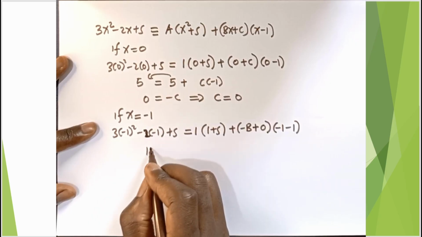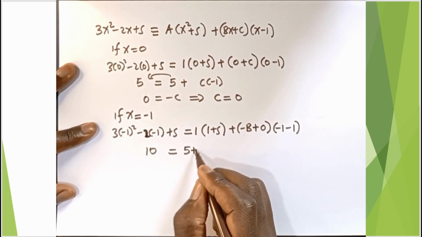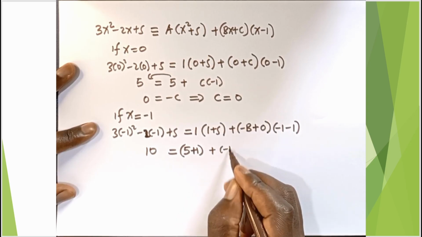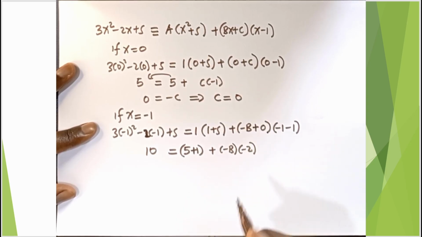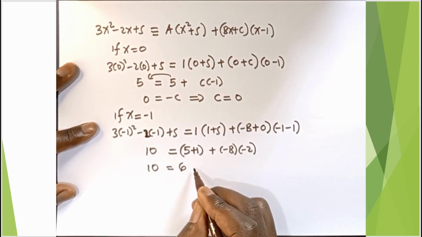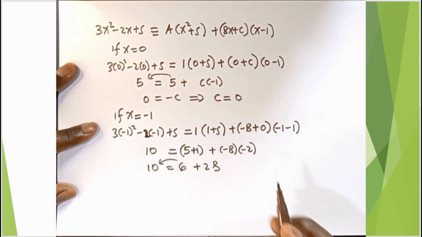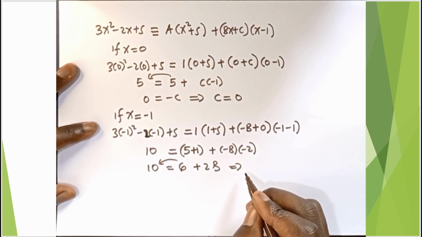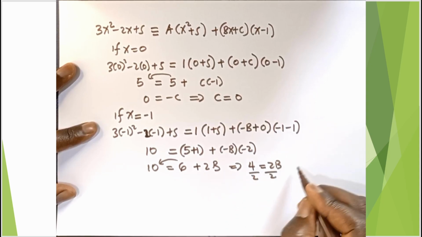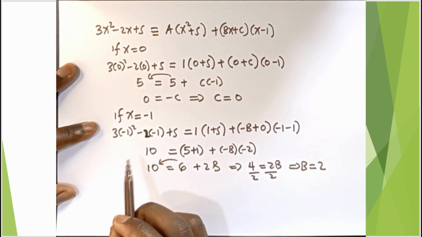Simplifying this gives us 10 is equal to 5 plus 1, and then plus negative b into negative 2. So we shall have 10 is equal to 6 plus 2b. Taking this to the other side, we end up having 4 is equal to 2b. Dividing through by 2, we have our b as 2.